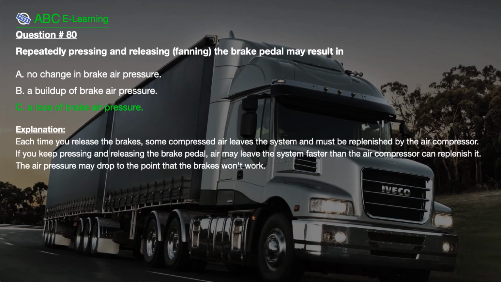The correct answer here, C. A loss of brake air pressure. Explanation. Each time you release the brakes, some compressed air leaves the system and must be replenished by the air compressor. If you keep pressing and releasing the brake pedal, air may leave the system faster than the air compressor can replenish it. The air pressure may drop to the point that the brakes won't work.